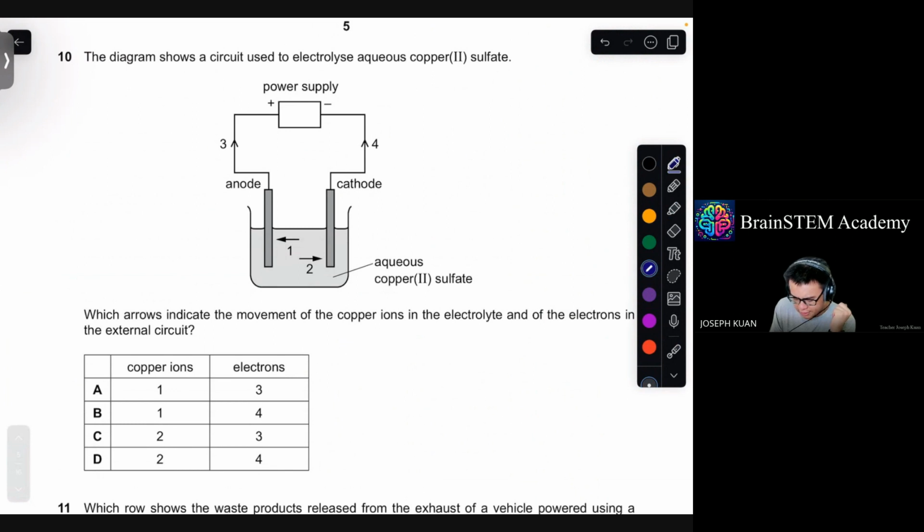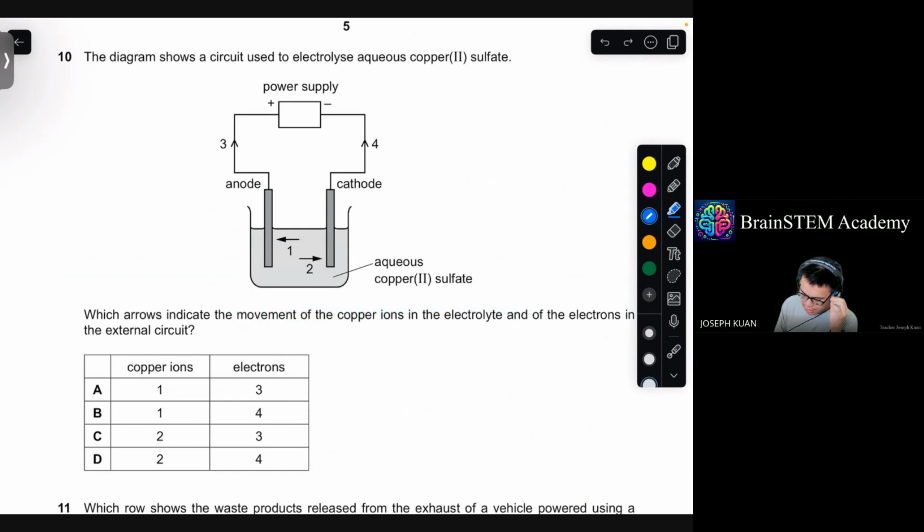The diagram shows a circuit used to electrolyze aqueous copper 2 sulfate. Which arrows indicate the movement of the copper ions in the electrolyte and of the electrons in the external circuit? So it's a two-part question.